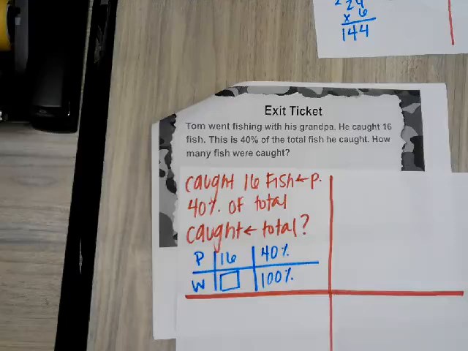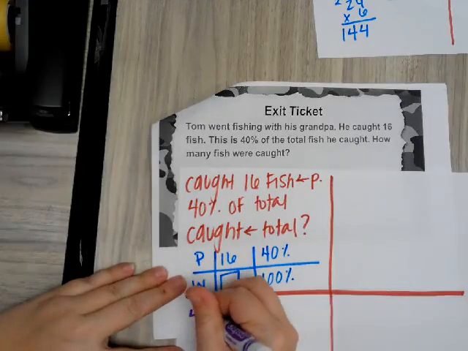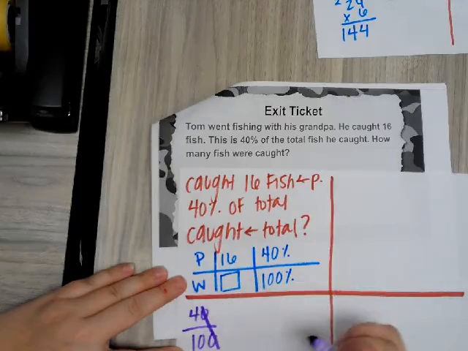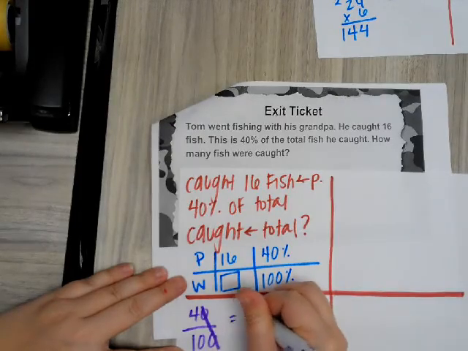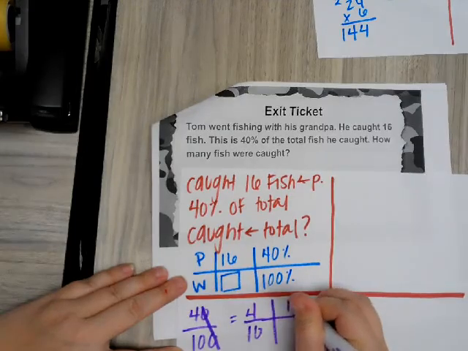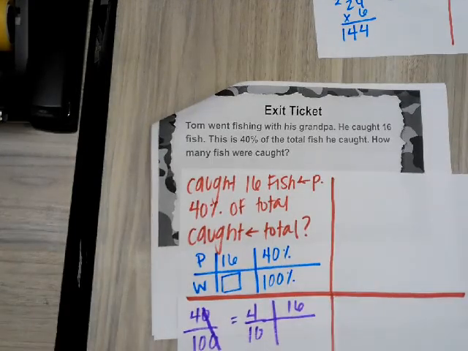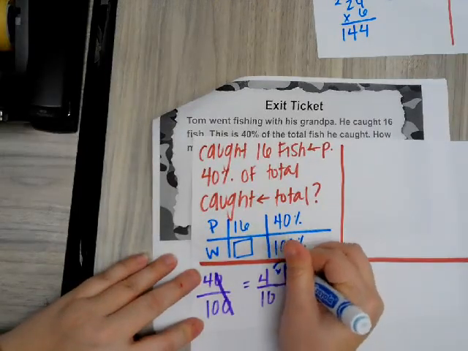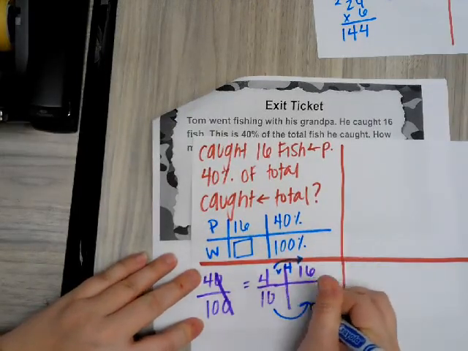I know I can take away both zeros, so I have 4 out of 10. Now, can I get from 4 to 16? Absolutely. So 4 times 4 gets me 16. So whatever I do to the top, I have to do to the bottom. So I would have 40 fish.